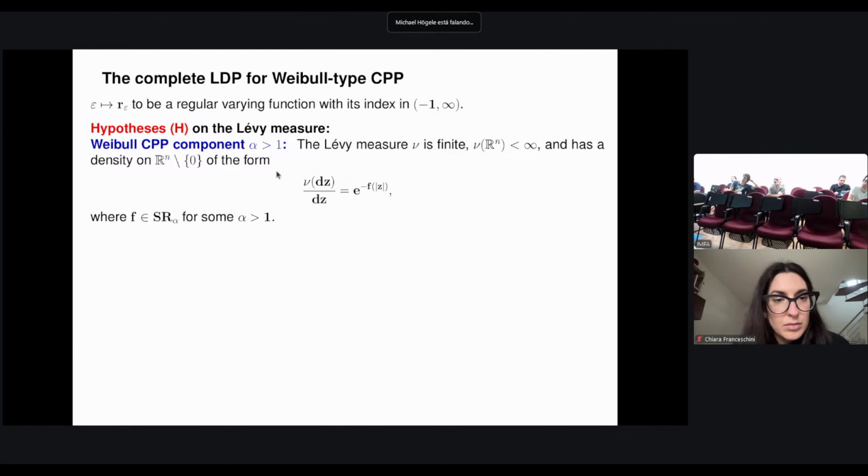They have a Lévy measure which has this kind of density: e to the minus f, f being smoothly regularly varying with index alpha, alpha greater than 1, of the norm. So this is also rotationally invariant and has a certain decay. We are here in R^n and we are rotationally invariant for each single jump.